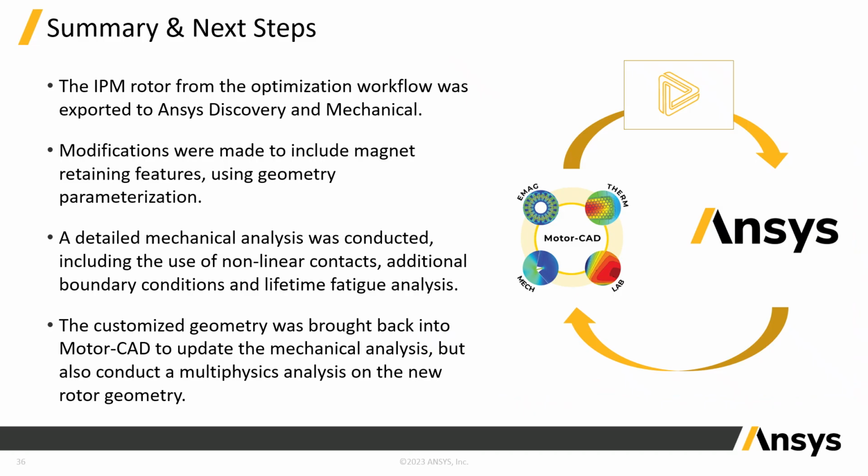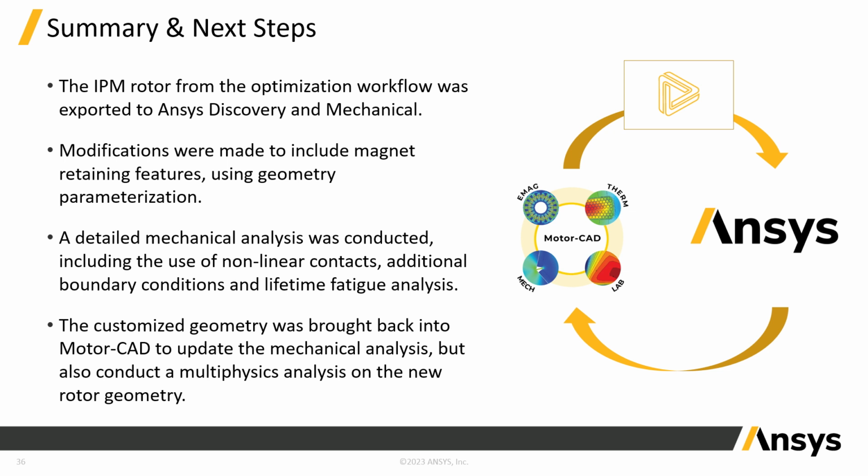So just to summarize, the interior pivot magnet rotor from the optimization workflow in session 2 was taken. It was exported to ANSYS Discovery and then into ANSYS Mechanical. Modifications were made to include magnet retaining features to more accurately represent a real-world machine, and that was using geometry parameterization on top of the existing geometry.